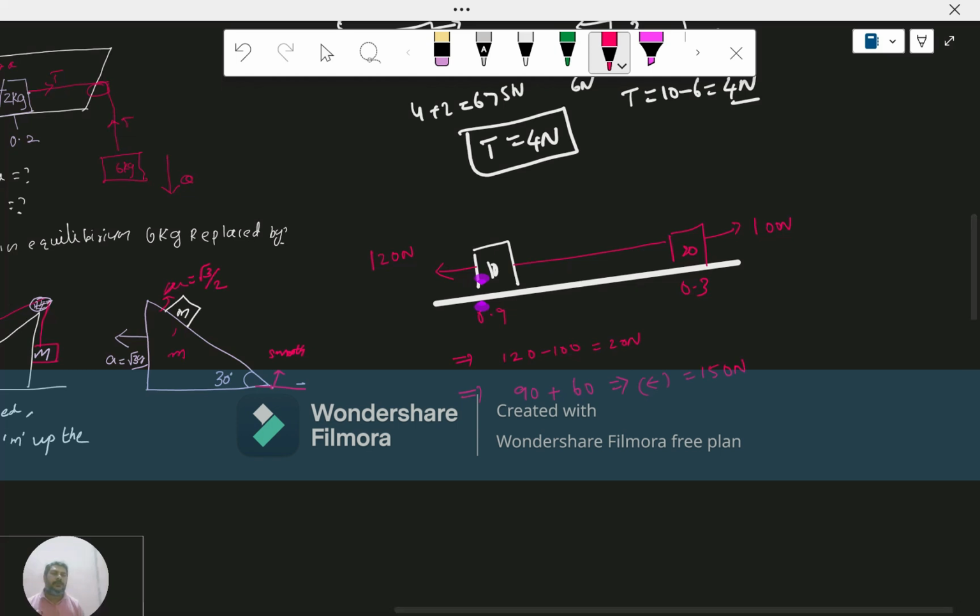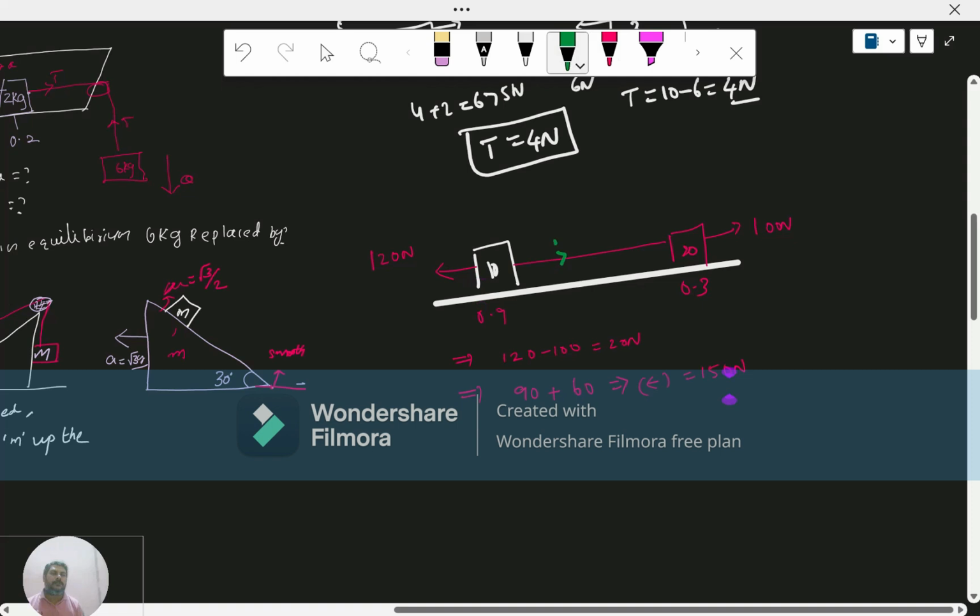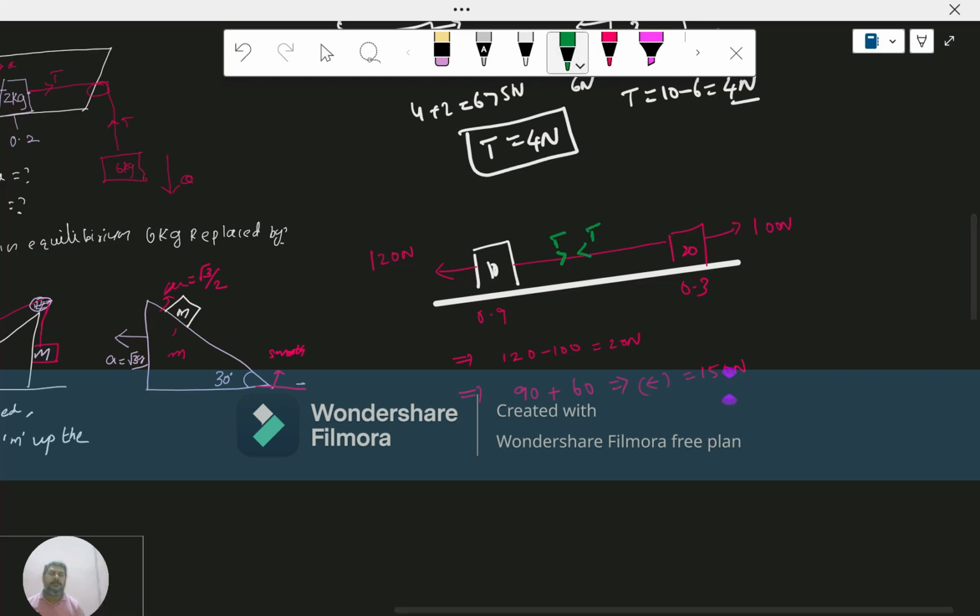So now what is the tension? We need to find out how much the tension is. Similar to above, we will follow the free body diagram of 10 kg and the free body diagram of 20 kg, right?